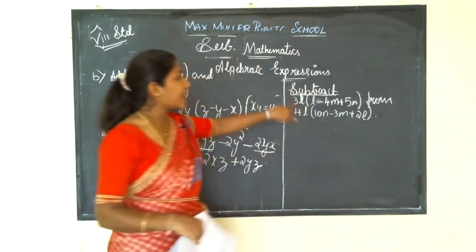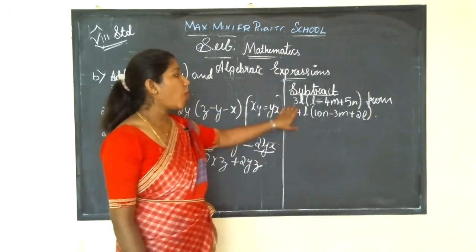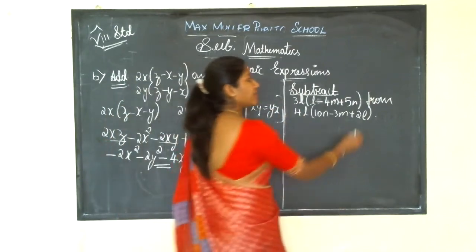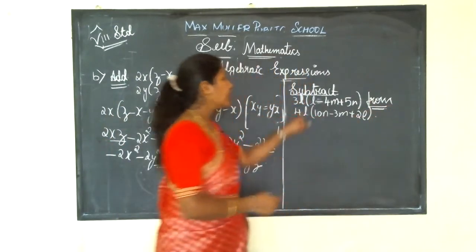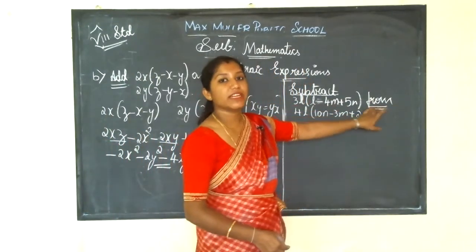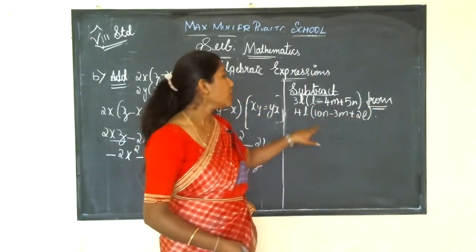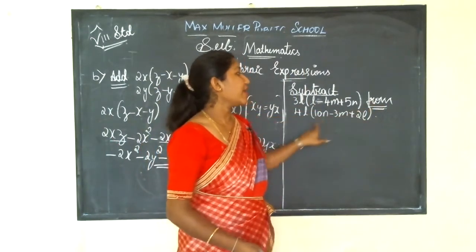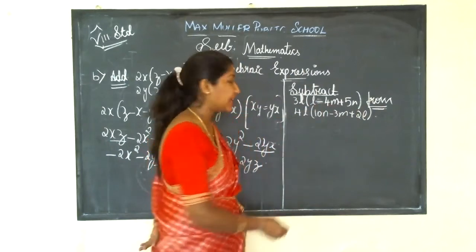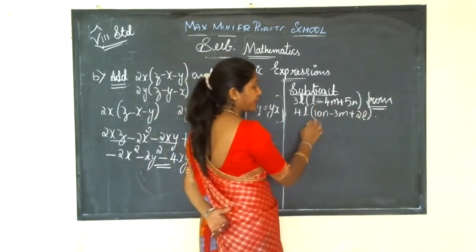So here are two expressions given. So what you have to do here, they have given subtraction here and from is given. In subtraction what you have to do, you have to take after from which expression is given, you have to take that. And you can't take it directly, you have to multiply the things.